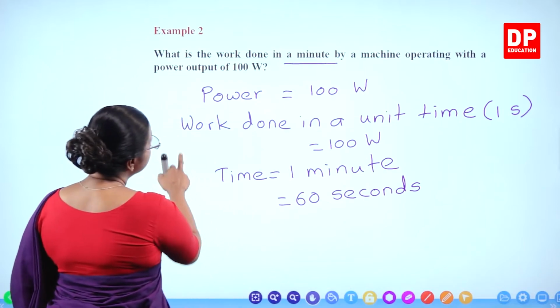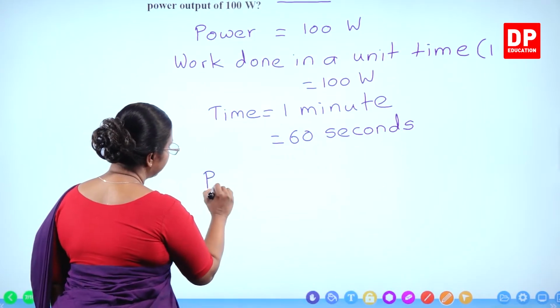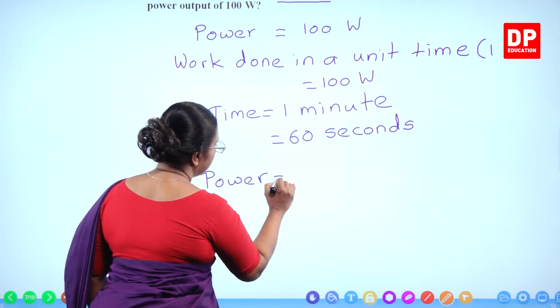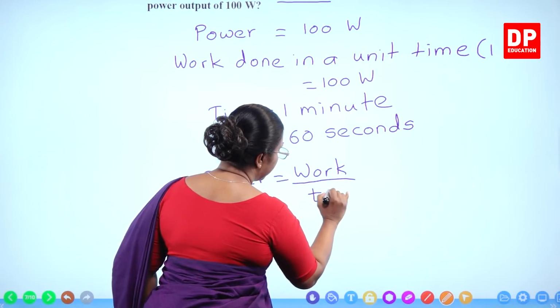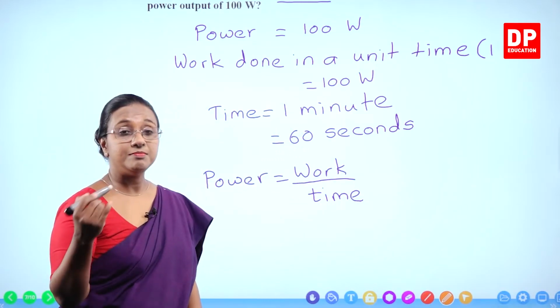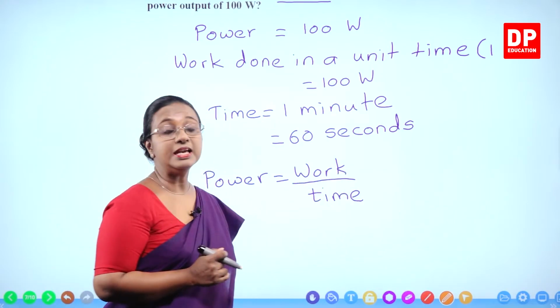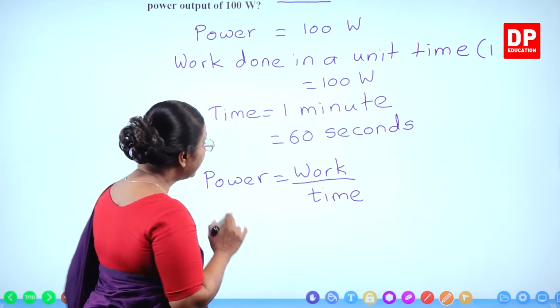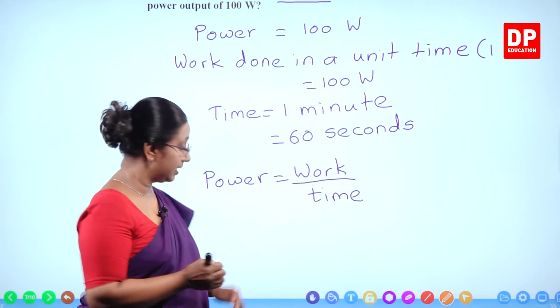So if we use the equation for power, what is power? Work divided by time. Earlier also I told you all, students, you can write it as work done, time taken, or simply you can write it as work divided by time. Now we need to find work, so we need to rearrange the equation.